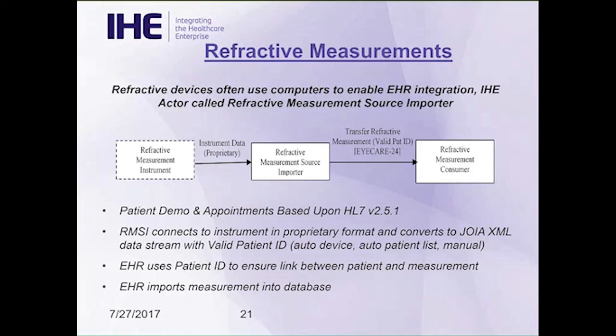That computer is called a refractive measurement source importer. So I import data from the proprietary systems, from the instruments, and I'm able to convert it over to a standardized transaction.